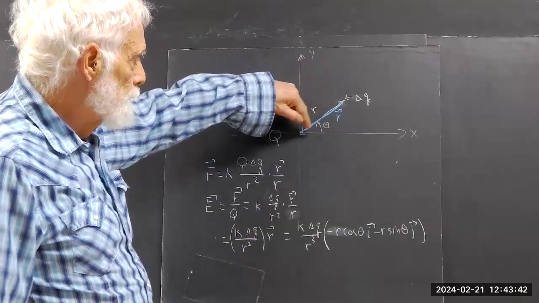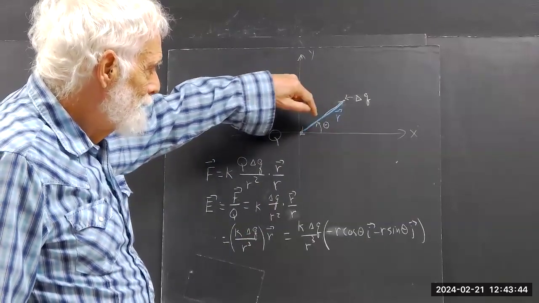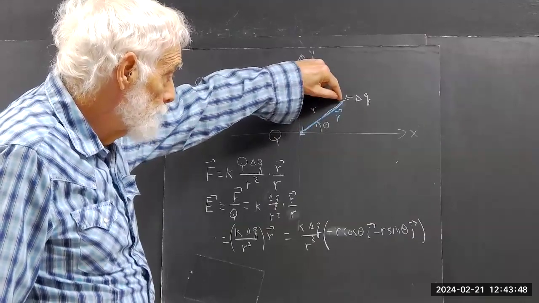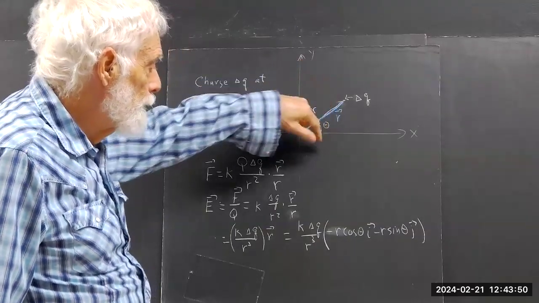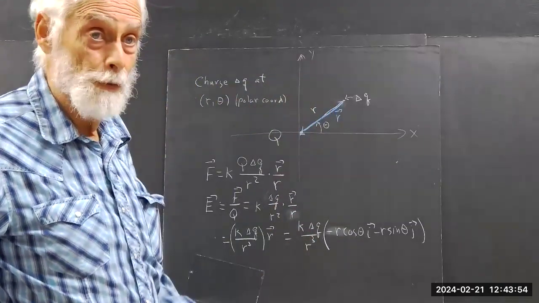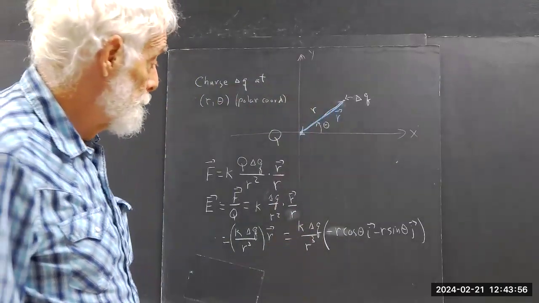Well, R is in the direction opposite a vector from here to here, which would be at angle theta. So this is actually an angle theta plus pi, or theta plus 180 degrees.